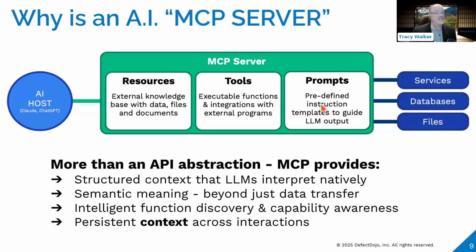I might even have some pre-built prompts inside the MCP itself to help the LLM understand the kind of things that it's going to be getting back. So it's more than an API abstraction. It's doing a lot of efficiency gains when it's giving the data back to the LLM based on the prompts that it's getting.